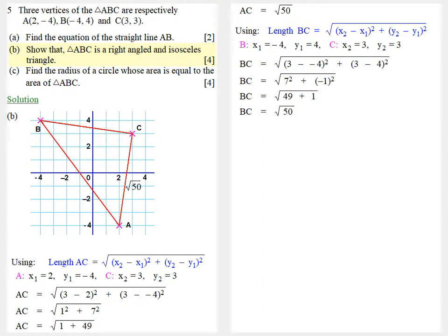So the length of BC is also equal to the square root of 50. So we have the length of AC equals the length of BC, and the triangle is isosceles.